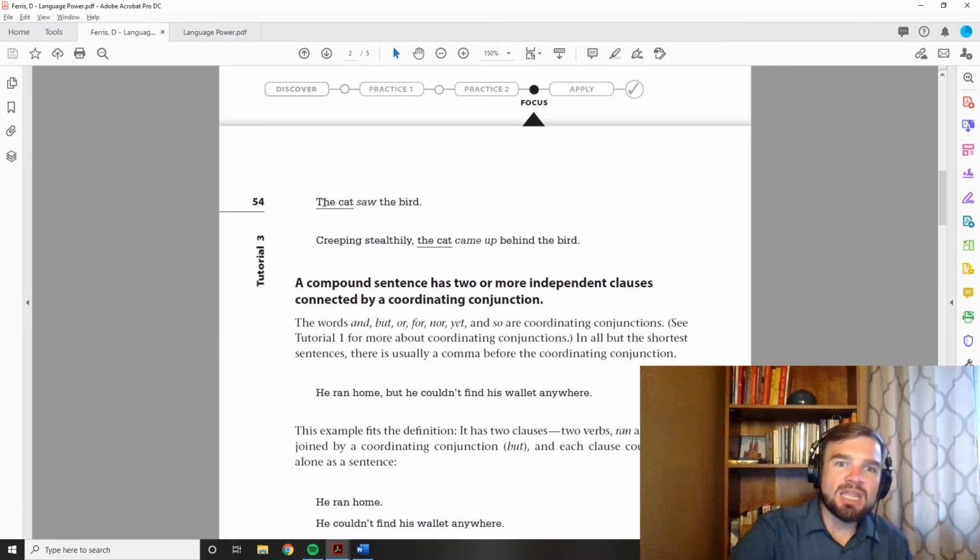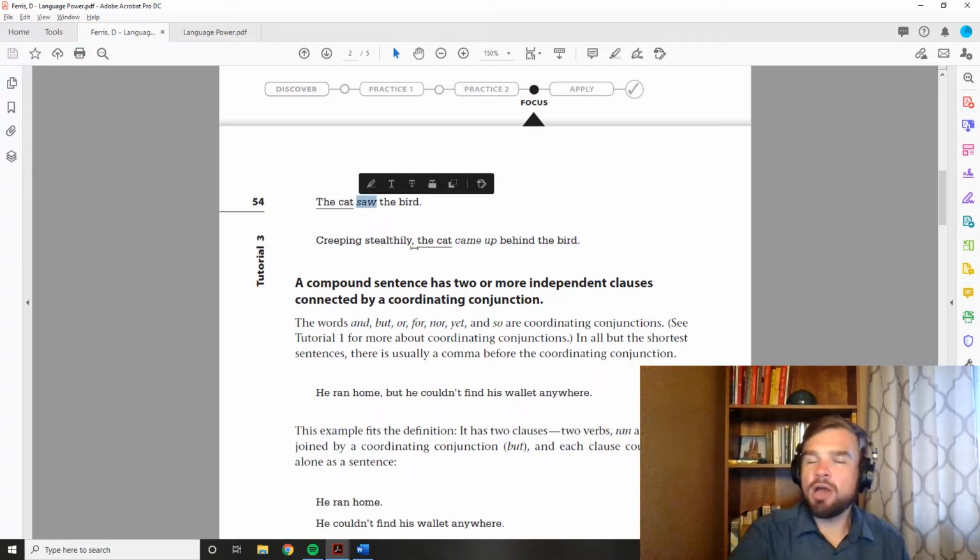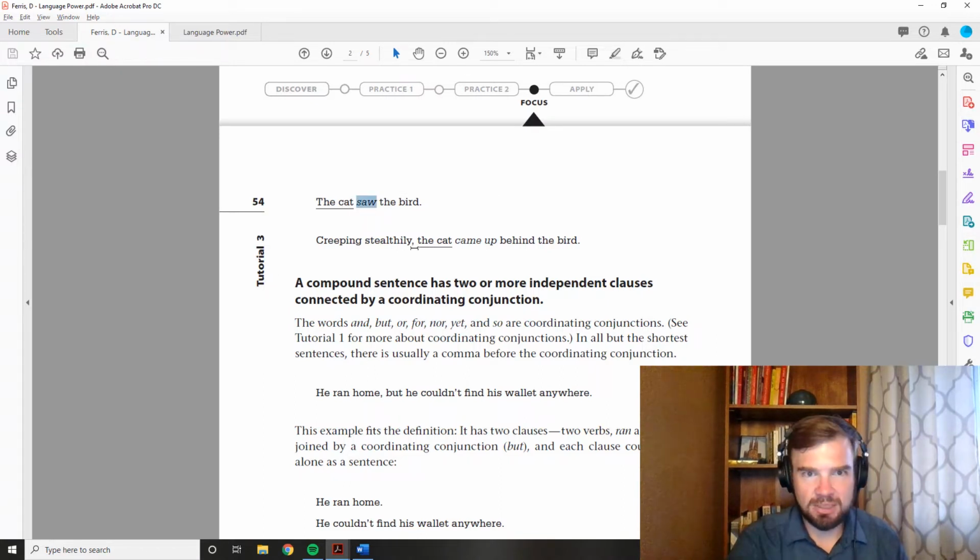Next sentence, the cat saw the bird. Here we have an article, the cat, which is part of the noun phrase, that is the subject, and saw, just 1 word, is the verb phrase, right? So cat is the subject. The cat is the noun phrase. Saw is the verb and the verb phrase.